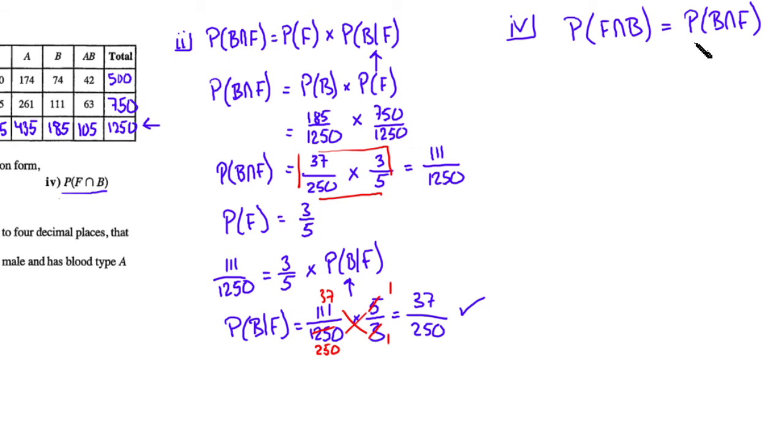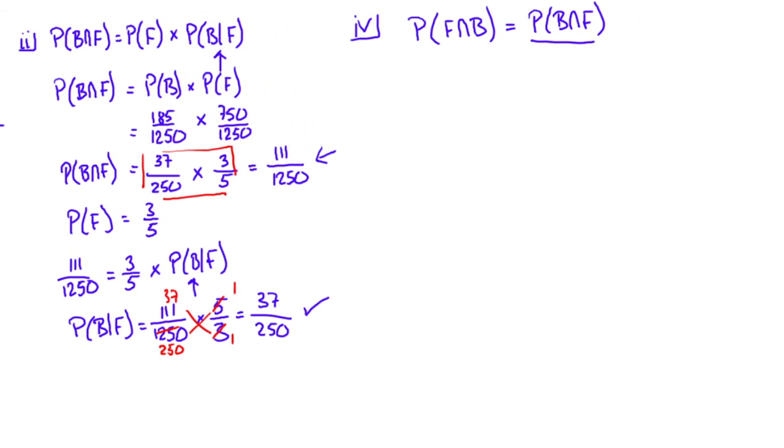So in this case, this is useful because we already know the probability of blood type B and female. We have it right over, where is it? Right there, right? So in this case, it's going to be the same number here. Let me just move it over here. So it's going to be the same number. So it's going to be 111 over 1,250.